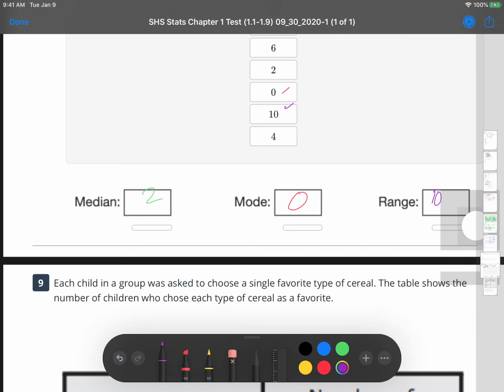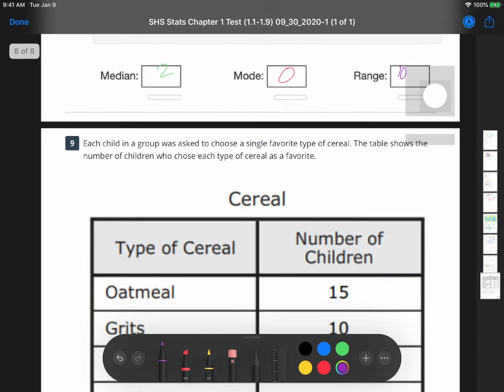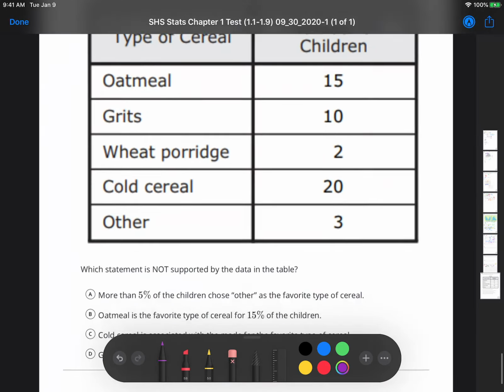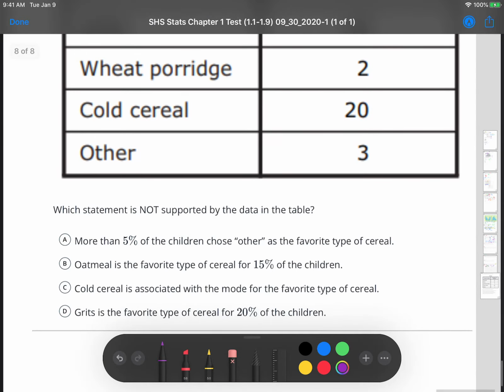Each child in a group was asked to choose a favorite type of cereal. The table shows the number of children who chose each type of cereal as a favorite. Which statement is not supported by the data in the table? Okay, so I see percentages.